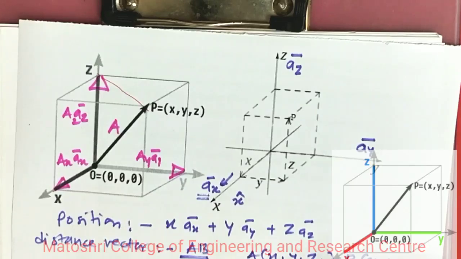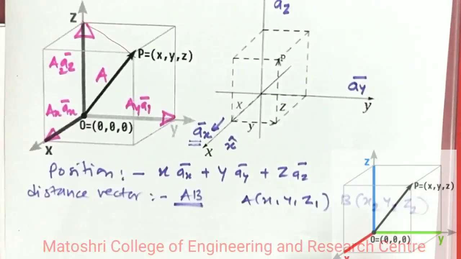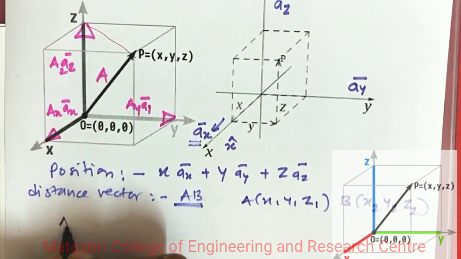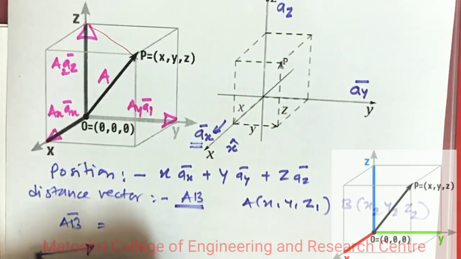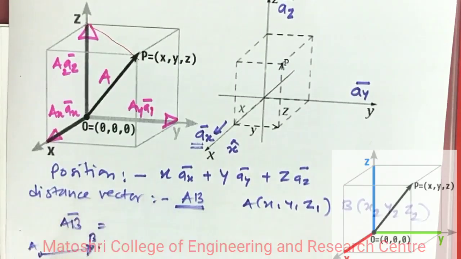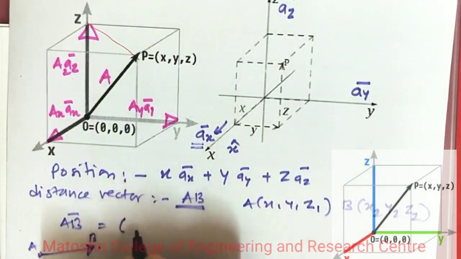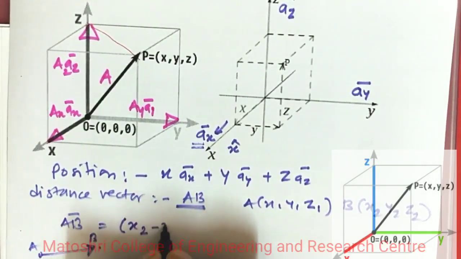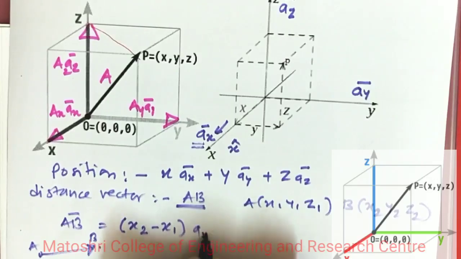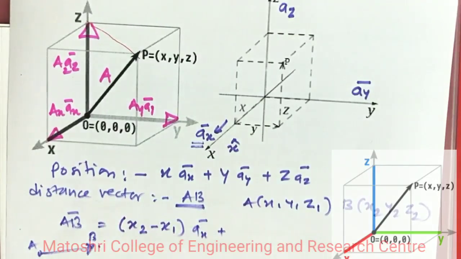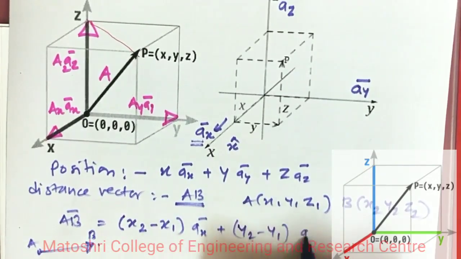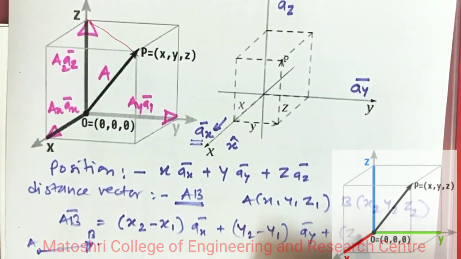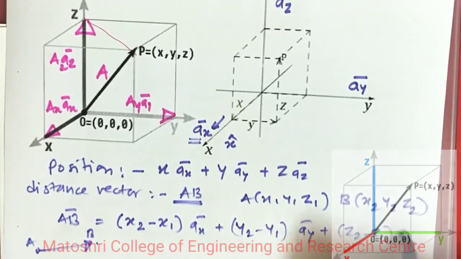Then the distance vector between the points A and B is the vector from point A to point B. So it is always to be found by using the difference between the coordinates of the end point and the starting point. So it is x2 minus x1 ax bar, y2 minus y1 into ay bar plus z2 minus z1 az bar.